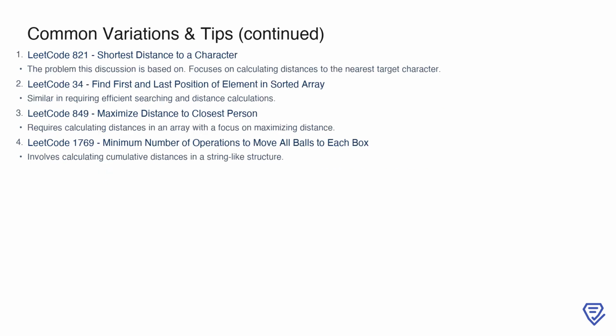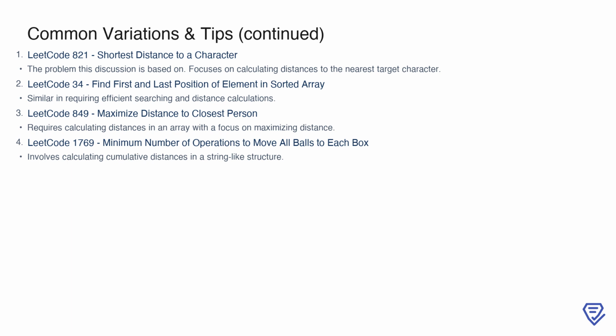This problem connects well with other challenges on LeetCode that involve distances and efficient searching. For example, in LeetCode 821, which is the problem we're discussing, the focus is on calculating the shortest distances to a target character within a string. Similarly, LeetCode 34, which involves finding the first and last position of an element in a sorted array, emphasizes efficient searching techniques.